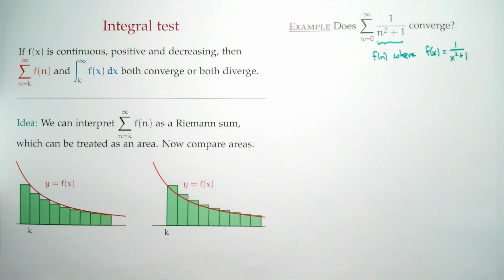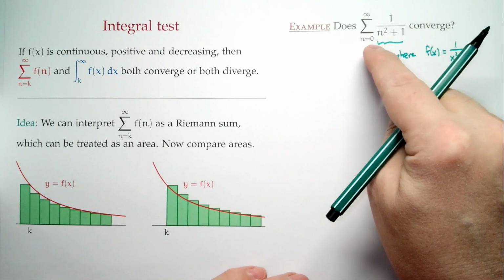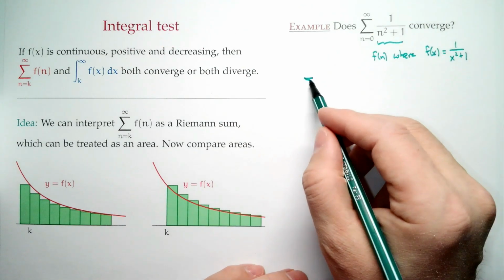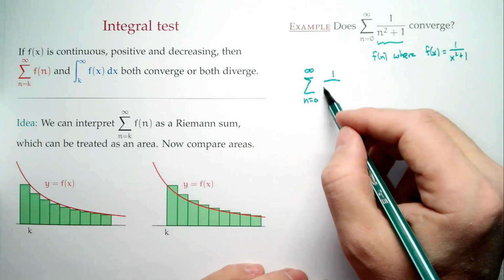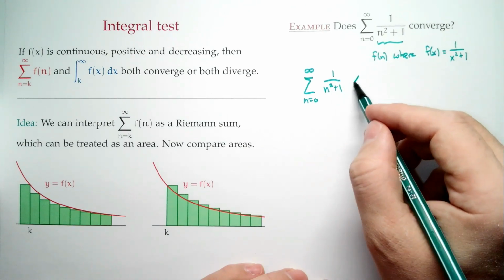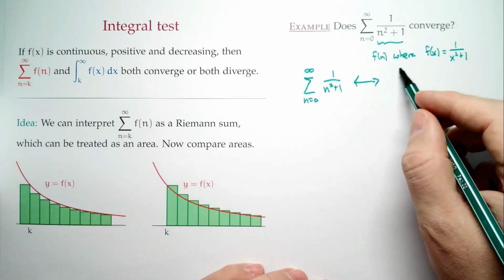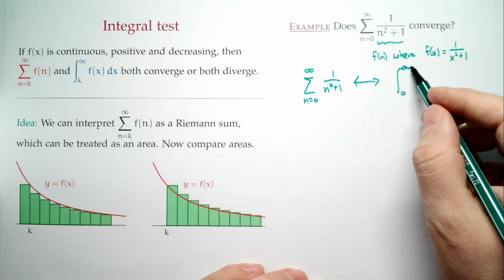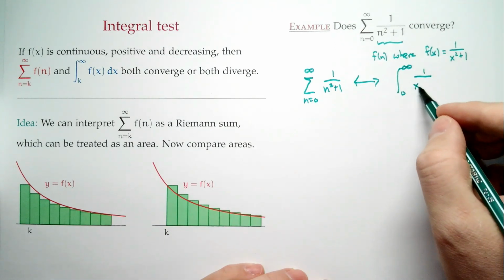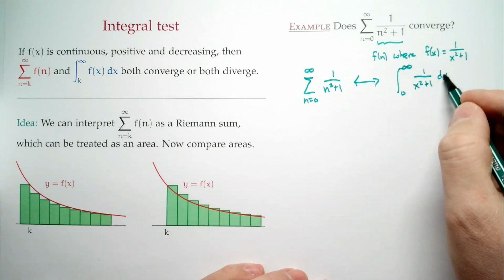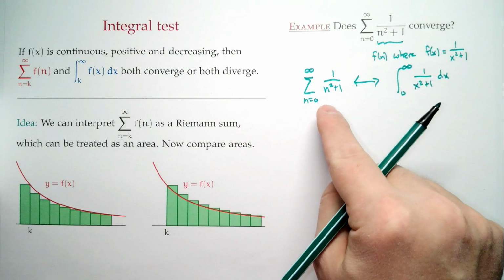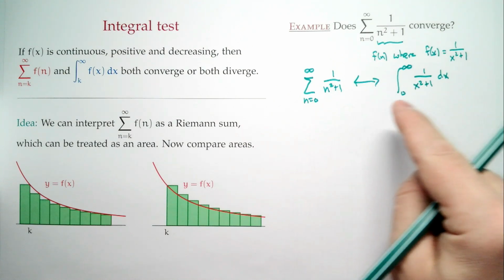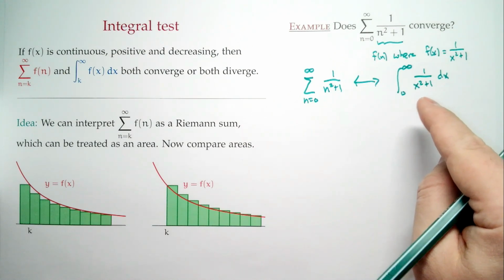And now we're going to ask the question, okay, well, I can say, look, this sum from n equals 0 to infinity of 1 over n squared plus 1 is somehow tied to the integral 0 to infinity of 1 over x squared plus 1. So, if I'm having a hard time with that sum, can I have a hard time with this integral?